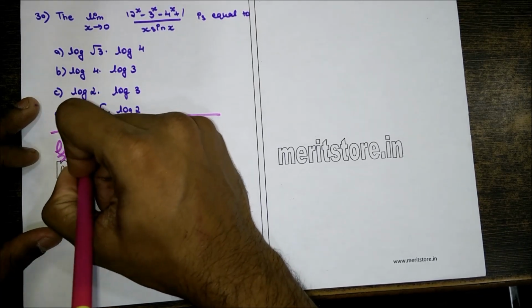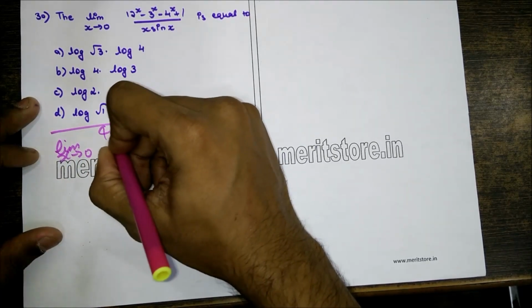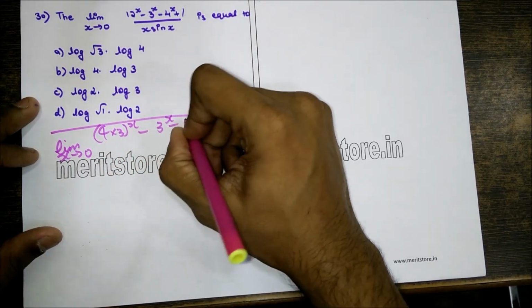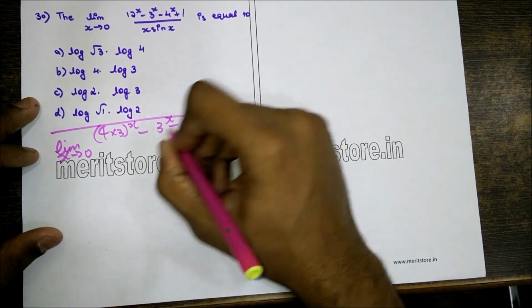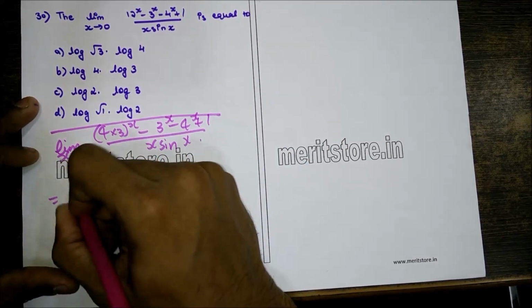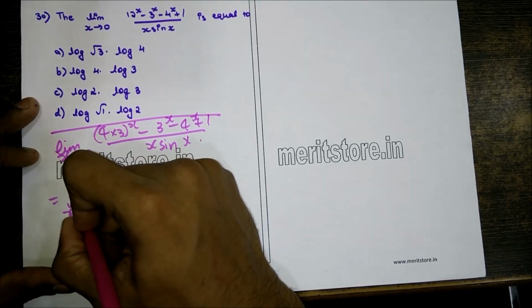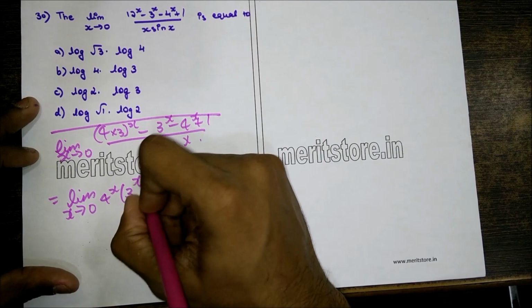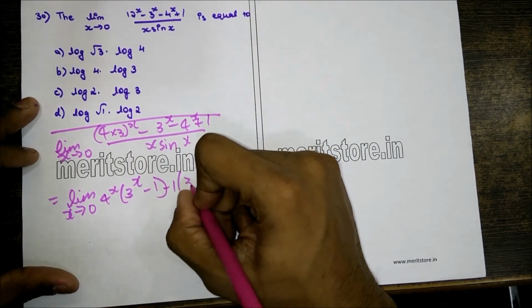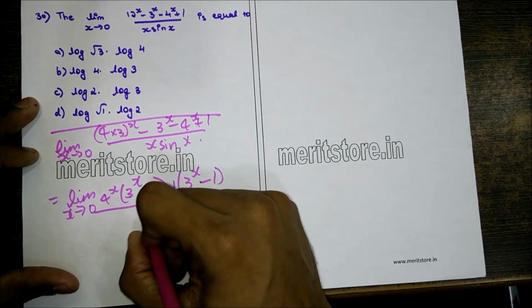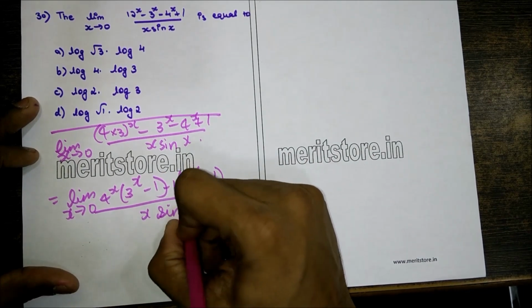x tends to 0, (4 into 3 raised to x minus 3 raised to x minus 4 raised to x plus 1) upon x sine x. That gives us limit of x tends to 0, 4 raised to x into (3 raised to x minus 1) minus 1 (3 raised to x minus 1) upon x sine x.